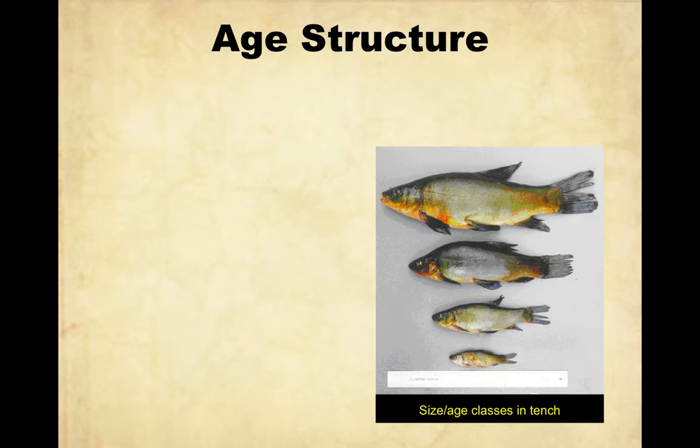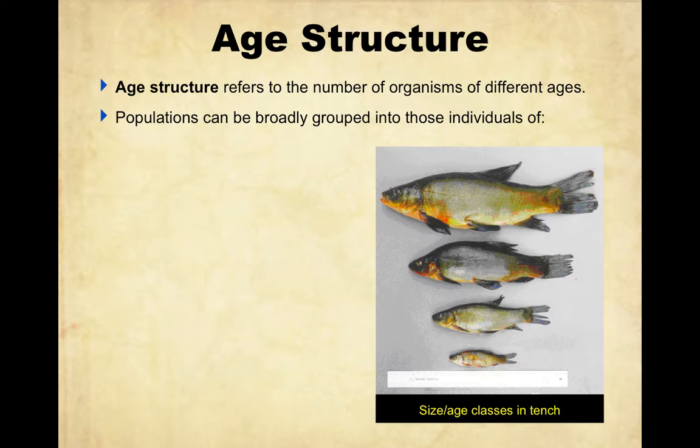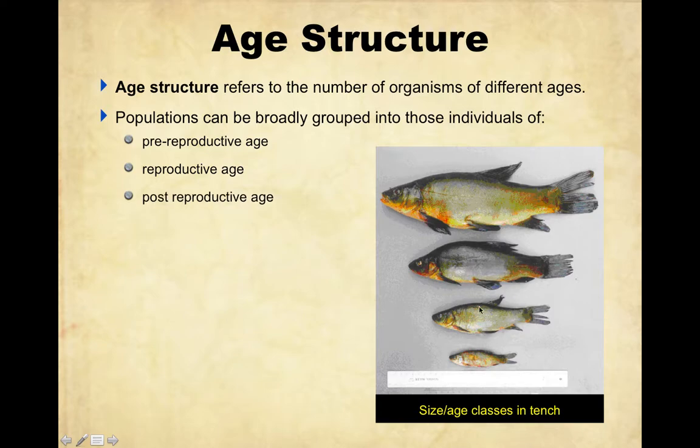When we're looking at age structure, we're looking at organisms at different ages, and they can be lumped into three major categories. Pre-reproductive, before they can reproduce. Reproductive, the reproductive ages. And post-reproductive, when they can no longer reproduce.